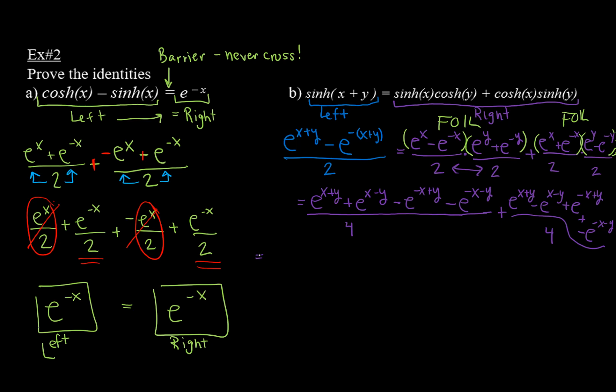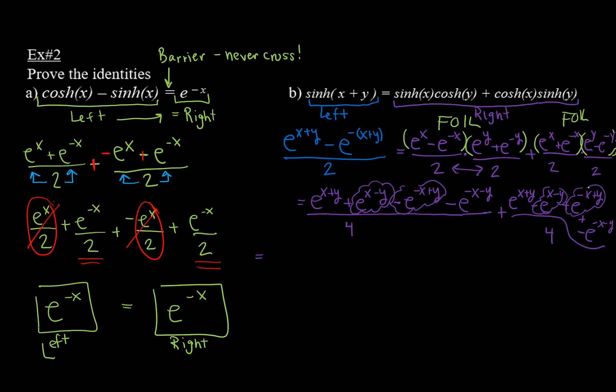Okay, let's simplify some things. Notice that quite a few things cancel. Basically, my e to the x minus y's are going to cancel here. And my negative e to the negative x plus y cancels here.